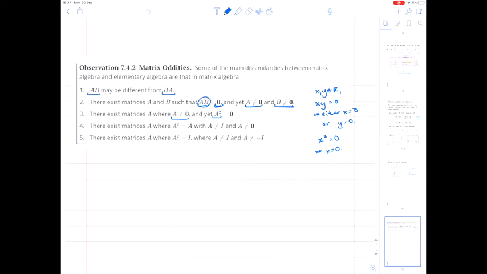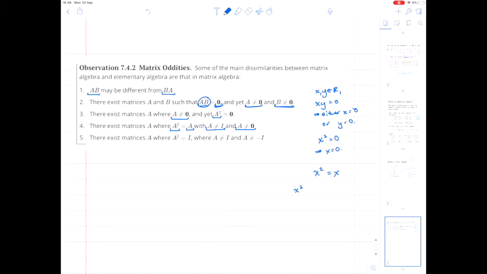So here's something else that's odd. We've got matrices where if you square the matrix A, it's equal to itself, but it's not equal to the identity matrix, and it's not equal to the 0 matrix. Again, if we had real numbers where x squared is equal to x, well then we'd want to solve this equation.